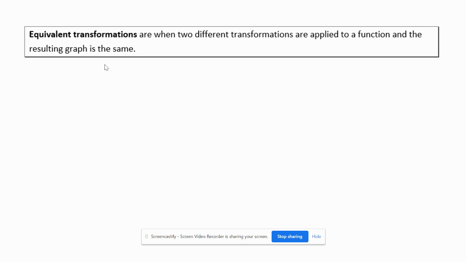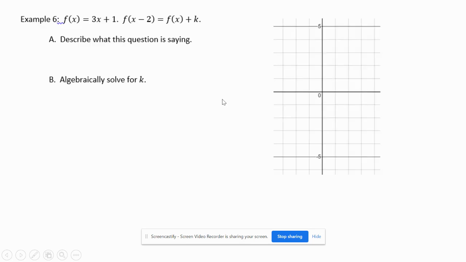So equivalent transformations are when two different transformations are applied to a function and the resulting graph is the same. Okay, so in this case, if f of x equals 3x plus 1, f of x minus 2 equals f of x plus k.